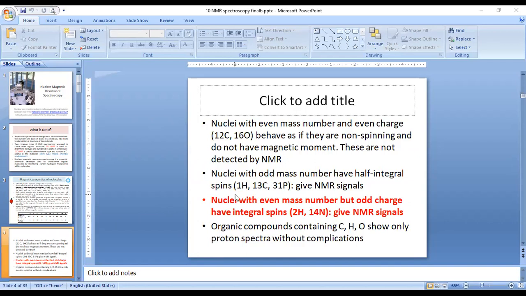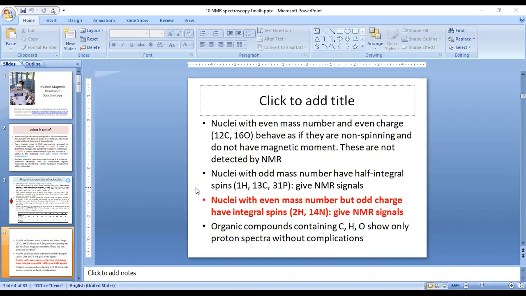Is that right? And then I told you that two types of NMR are very prevalent. One is called the proton NMR or H plus NMR, and the other is called the carbon NMR. Then I told you that this hydrogen, the proton, is very predominant in nature.